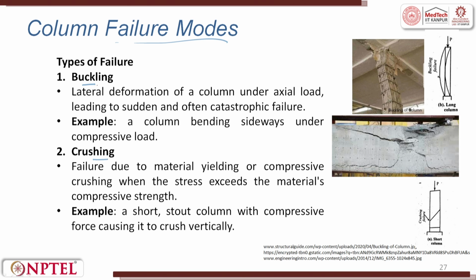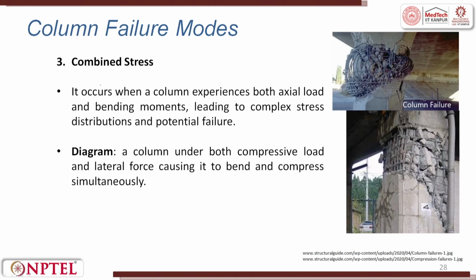Buckling failure is lateral deformation of the column under axial load, leading to a sudden or often catastrophic failure. A column bending sideways under compression load is a buckling failure mode. Crushing: here the material yields or crushes when the stress exceeds the material's compressive strength. Generally, this is a common feature in short columns.